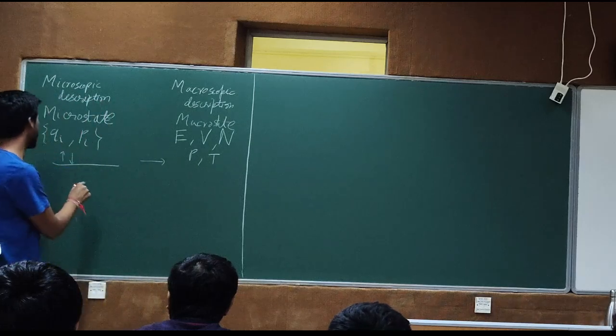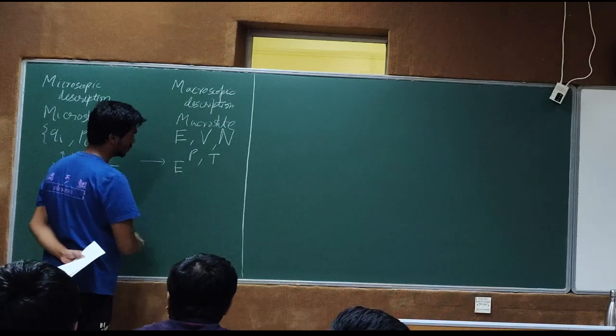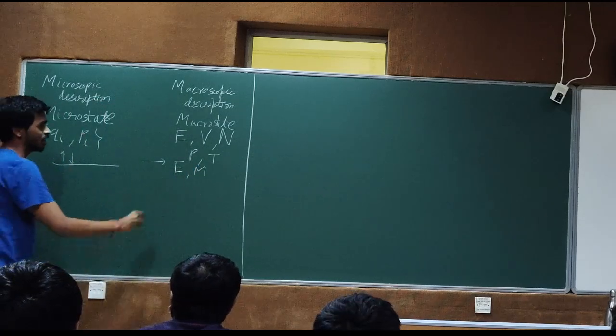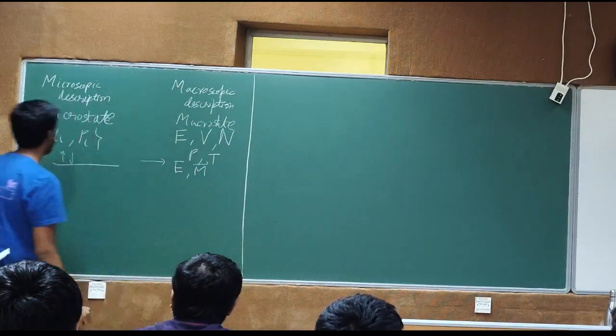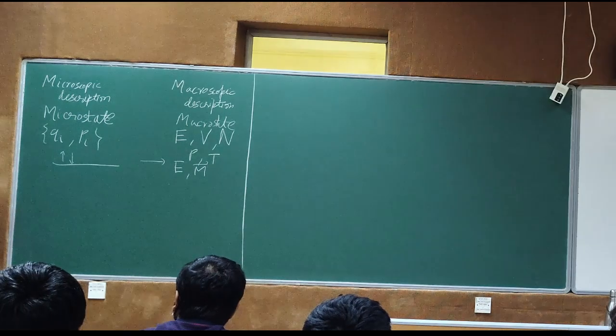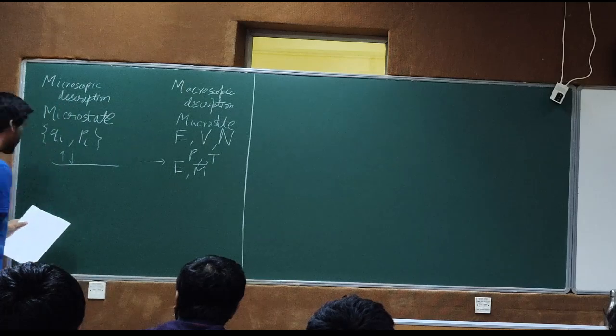So you would have an interaction between the spins, and there would be the total energy of the system. There can be magnetization because the spins are aligned to each other, and so on. So you have a microstate in the microscopic description, and a macrostate in the macroscopic description.